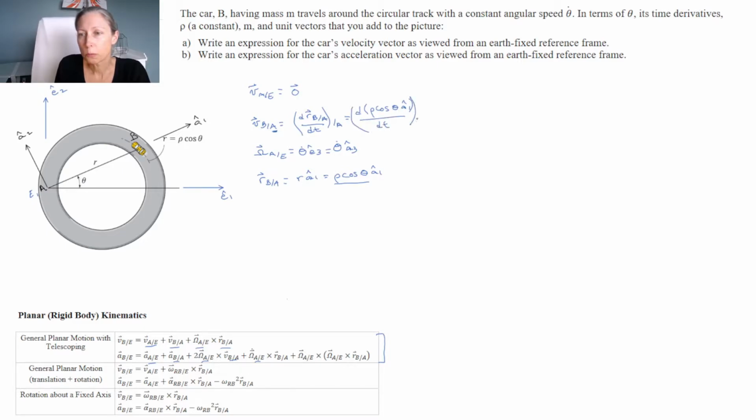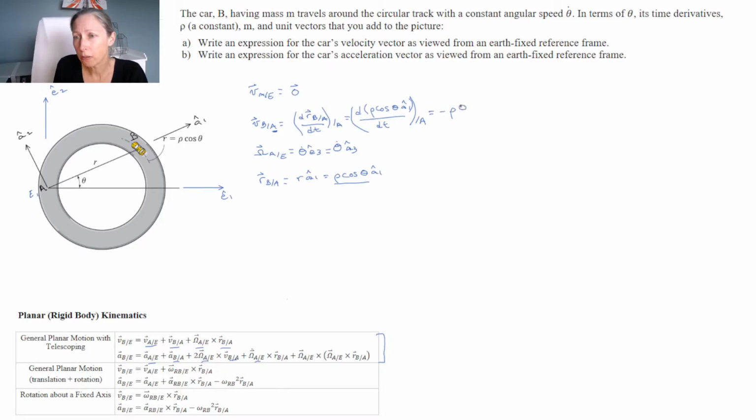Since we're taking this in the A reference frame, the A1 unit vector is going to be constant in that reference frame, because the whole reference frame is rotating. So we can just take this time derivative, and since rho is a constant, hopefully you can do this by yourself.